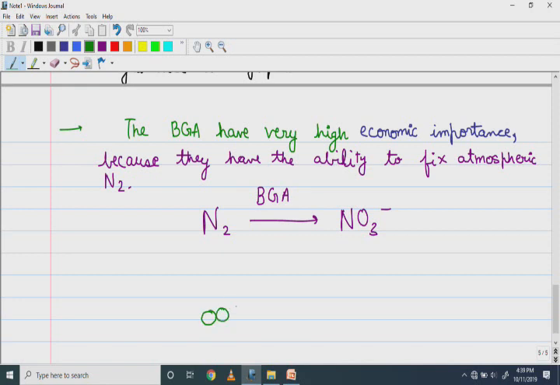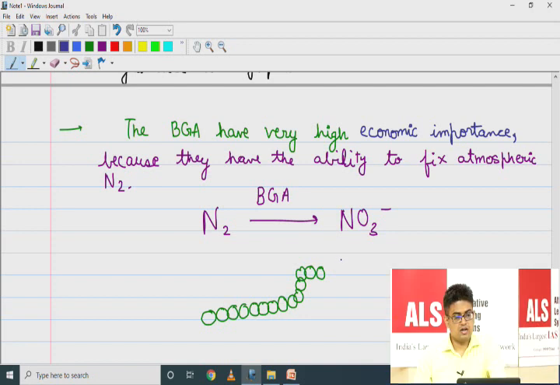Normally, the blue-green algae are lying like this. But they have in the middle some large cells with a very thick cell wall, called heterocyst.